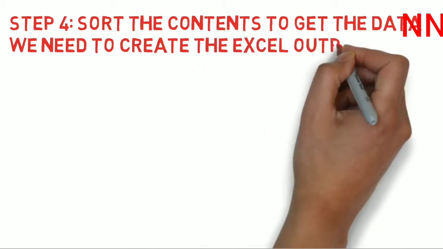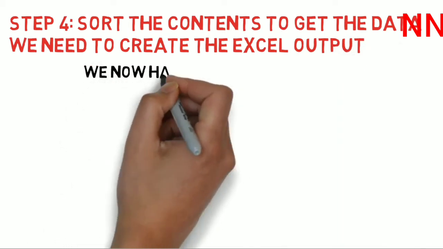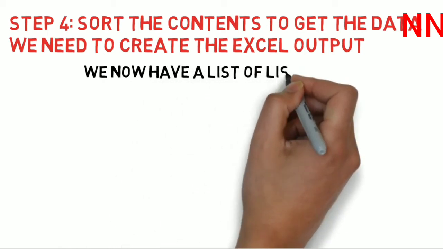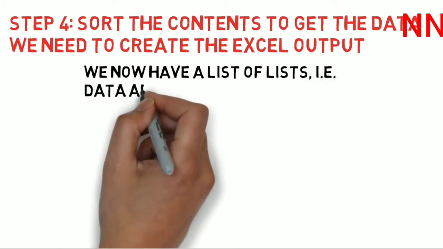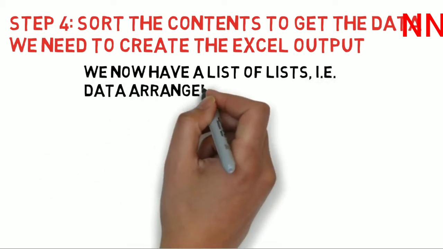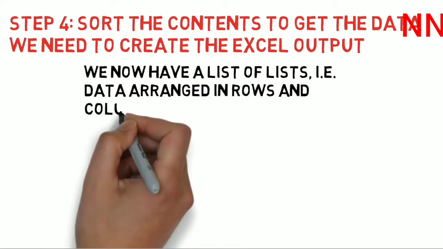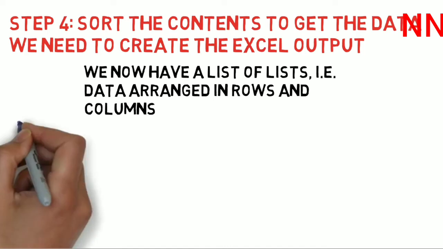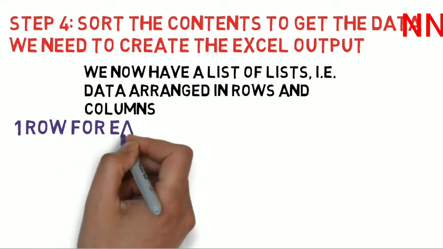So, in the previous step, we created a list of lists. Each list in this list of lists is the data corresponding to one ticker. This data is now arranged in rows and columns.